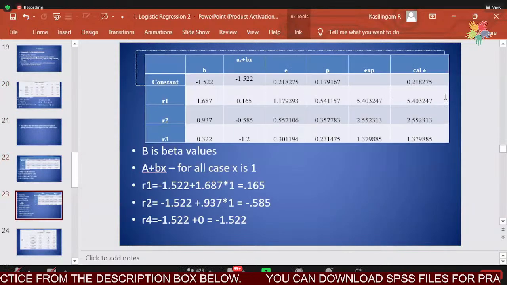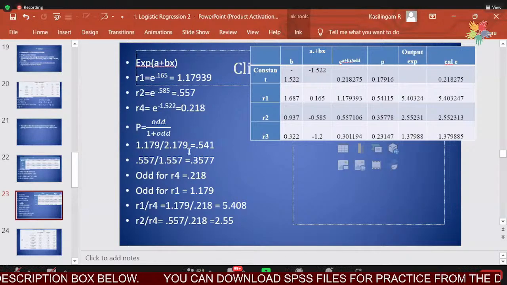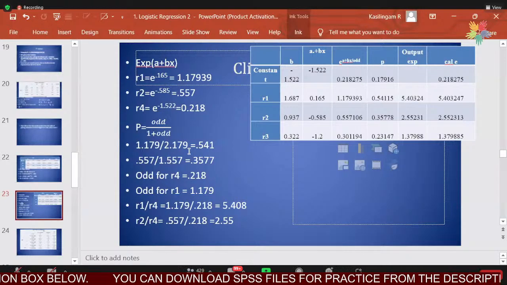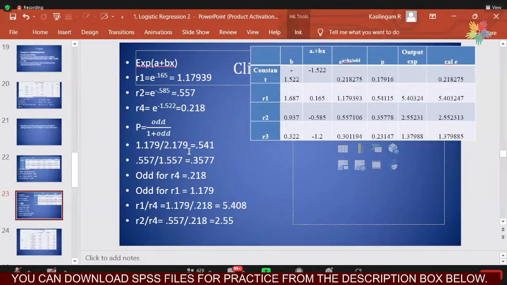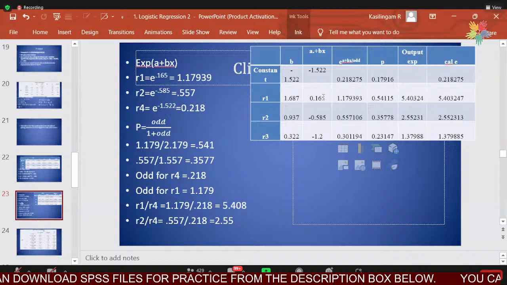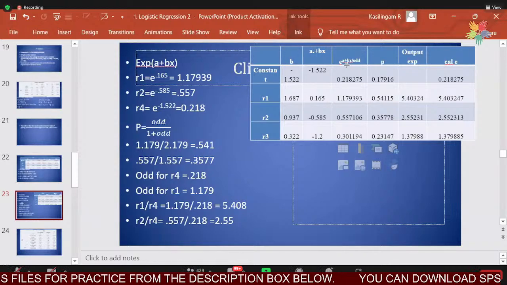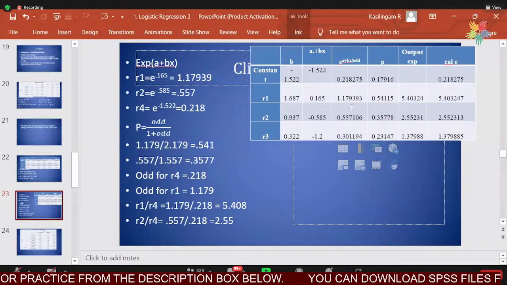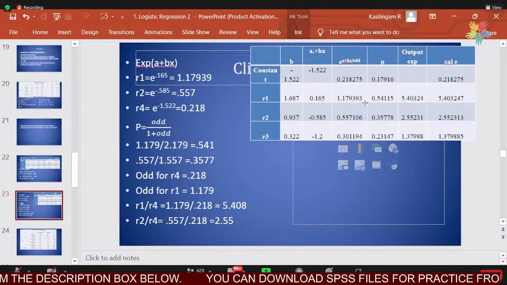Now look at here. This is the odds. We said the odds is 5.4 times more. So what is the odds of rank 1 institution? 1.17. E to the power ax is the odds. So the odds of rank 1 institution is 1.17.